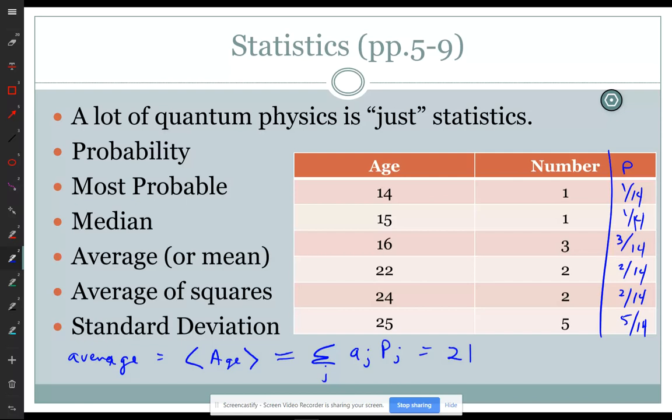With this distribution, we get a certain average, right? And then here are two other, different distributions of data that have the same average, but they're not equivalent distributions. One of them is more spread out, one of them is not. And so we want something that will help us to understand that spread in the values.